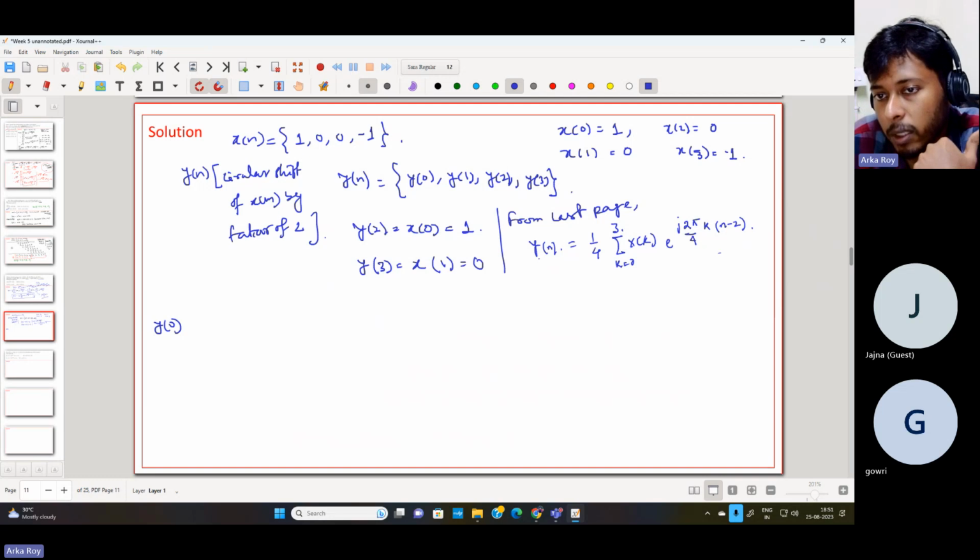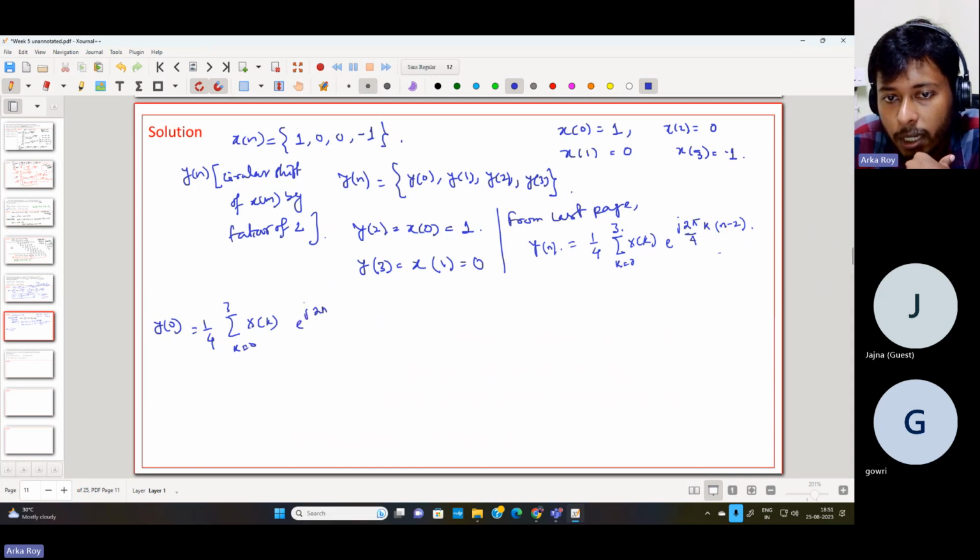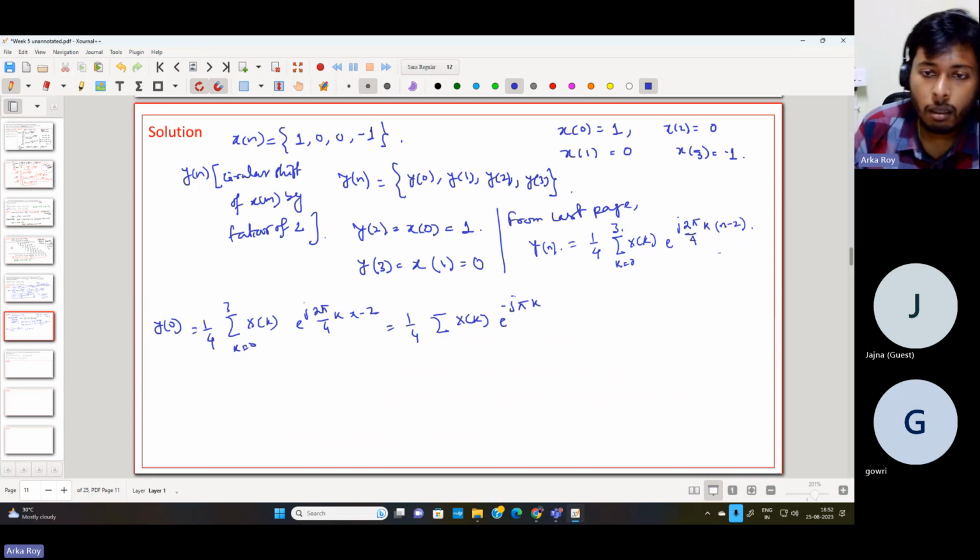That means we need to evaluate this particular sequence at n equals 0. So I can write it as 1/4 summation x[k], where k runs from 0 to 3, e to the power j 2 pi by 4 k, and there will be minus 2. So this will effectively be 1/4, then x[k], then e to the power minus j pi k, where k is running from 0 to 3. I'm just not writing that particular thing again and again.